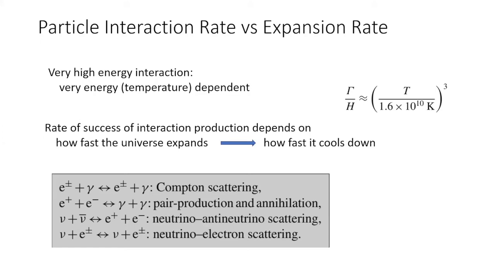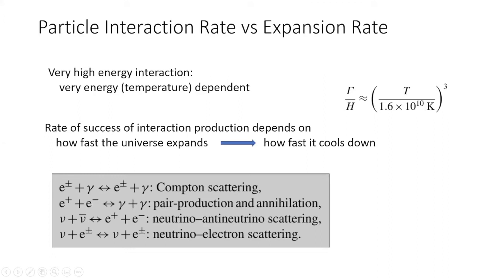So what physics is going on when the universe has about this temperature? All these interactions, between a photon and electron, positive or negative. So this gamma, or photon, and the interaction between positive electron and negative electron that creates photons.